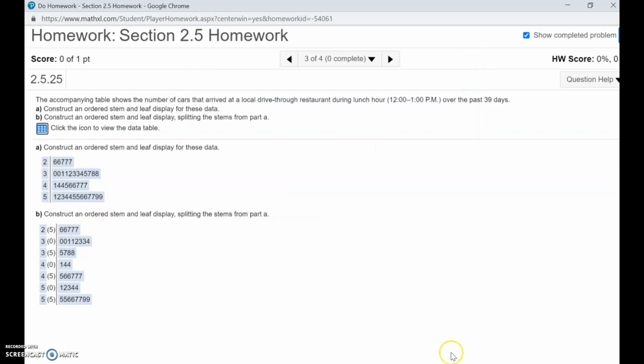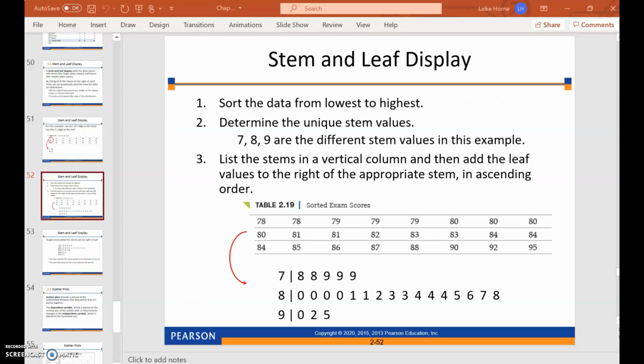Let me write this out real quick so you can really see what I mean. Actually, I can show you here. With this stem and leaf, if I wanted to split it, I would just start with 75 and go up 80, 85, 90, and then 95 because I have one.